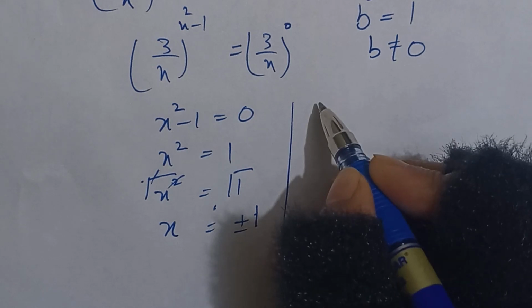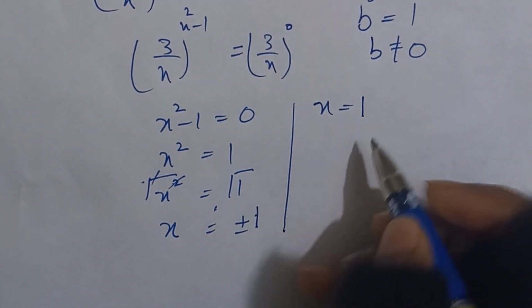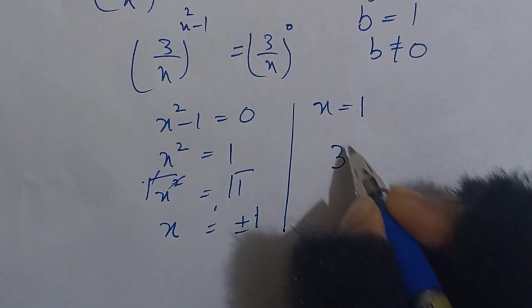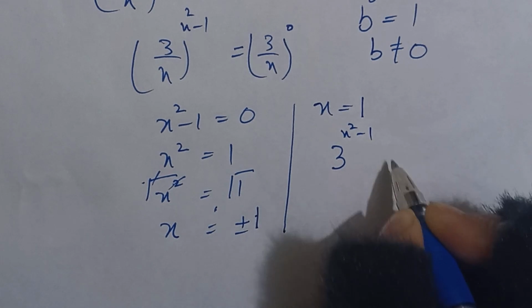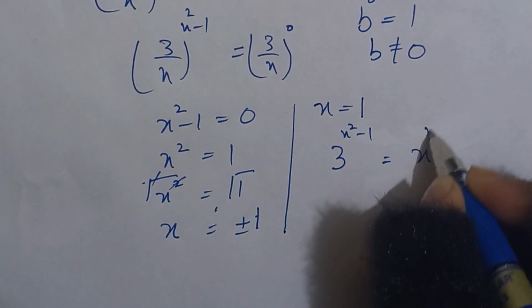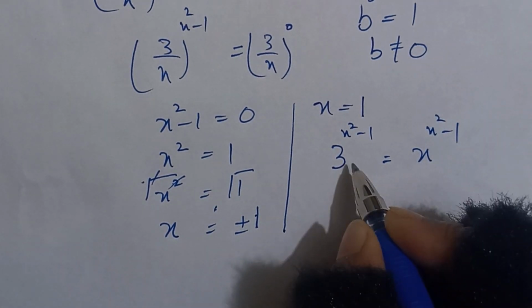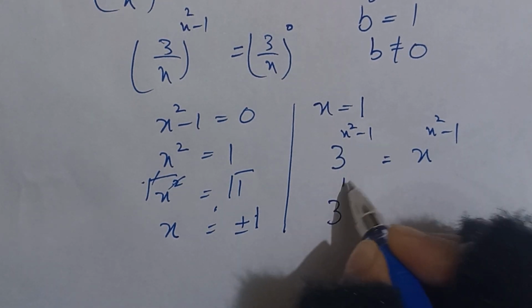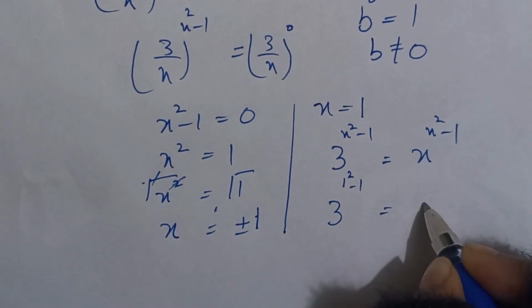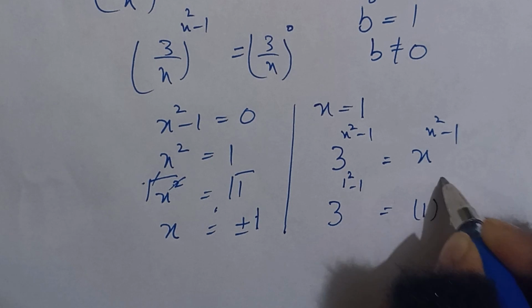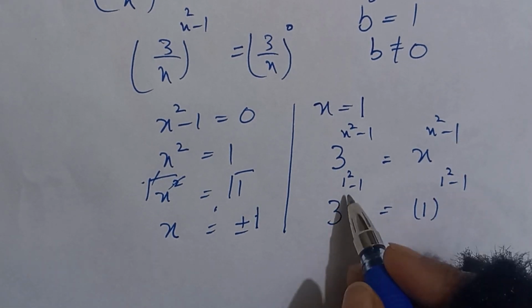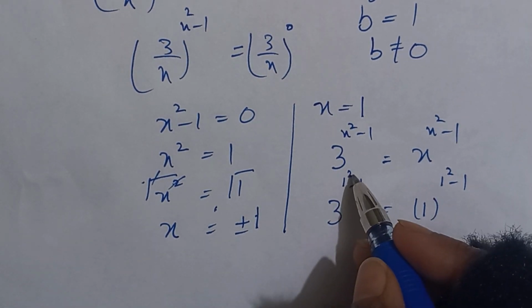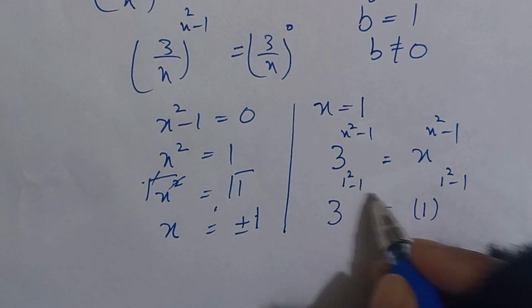First of all we check for x is equal to 1, and our question is 3 raised to the power x square minus 1 is equal to x raised to the power x square minus 1. So we replace x by 1, so the left hand side becomes 3 raised to the power 1 square minus 1, and the right hand side is 1 raised to the power 1 square minus 1. So 1 square is equal to 1, and 1 minus 1 is 0.